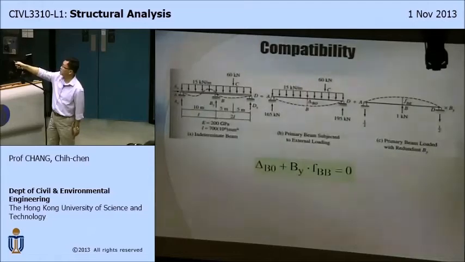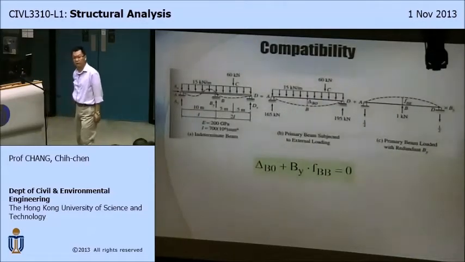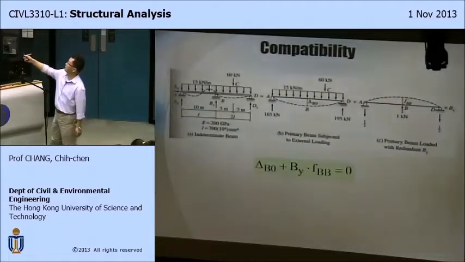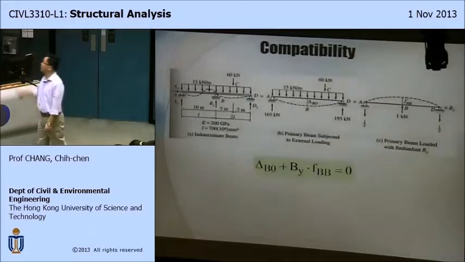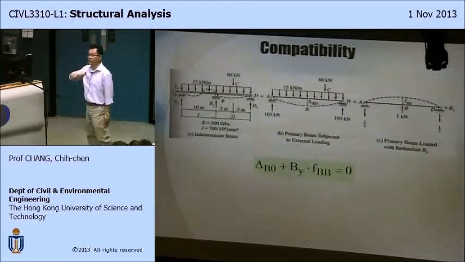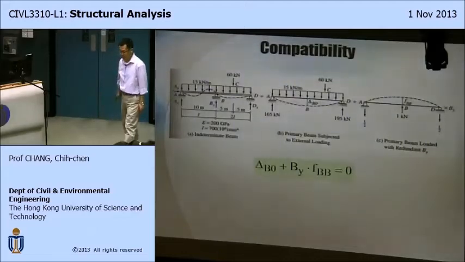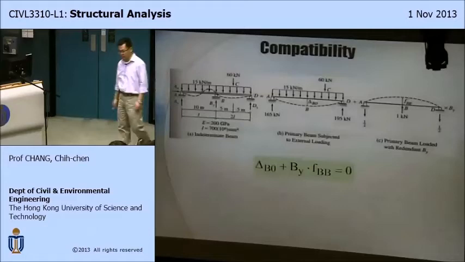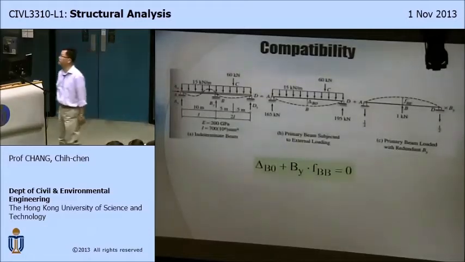Calculate the displacement corresponding to that redundant force under actual loadings. And then apply the redundant force with a magnitude of 1. Calculate the displacement again. And then put into the so-called compatibility equations. So in that equation, the only unknown is the reaction force, or redundant force, By.